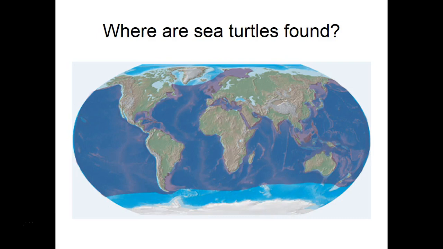Where do we find sea turtles? So on this map, the locations where you can find sea turtles are in dark blue. And so you may be surprised to see that you can find sea turtles all over the world in tropical waters and temperate waters. But that map is a little bit misleading, mostly because it's including all sea turtles, including the leatherback sea turtle.